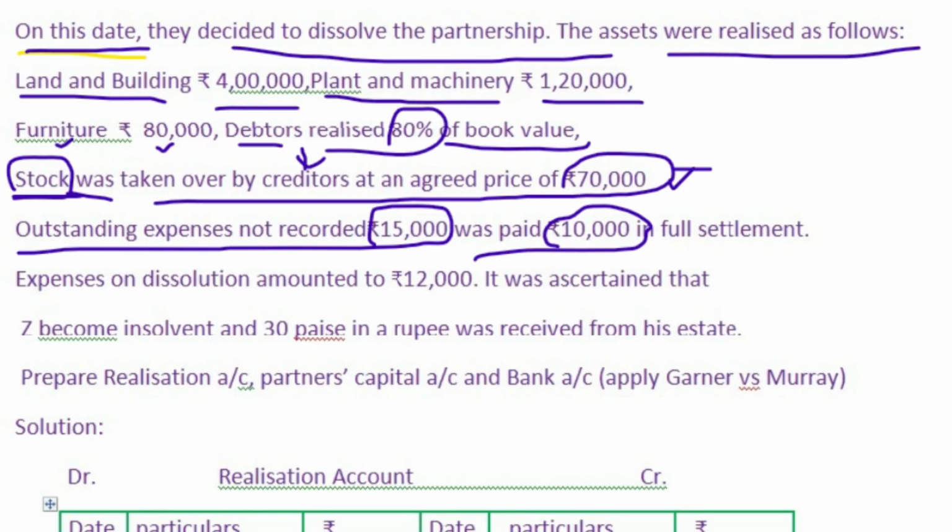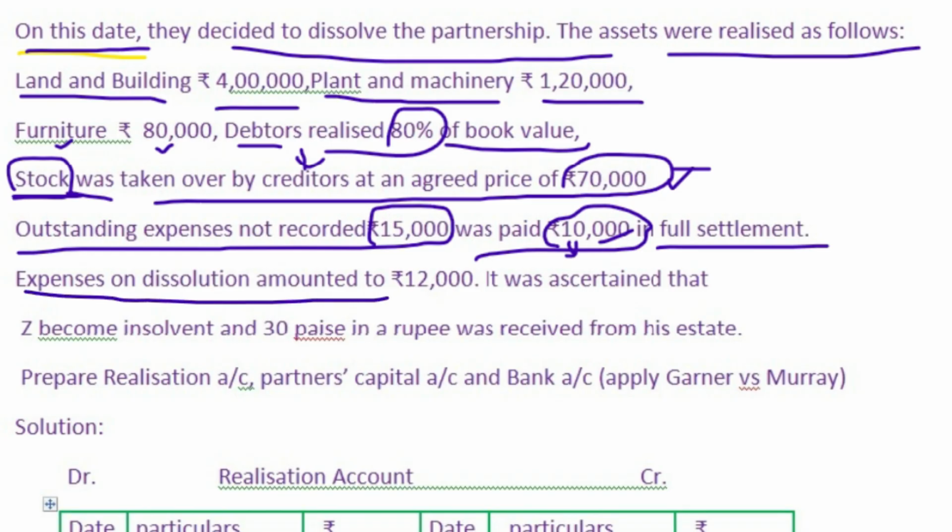One liability of 15,000 was not recorded in the books of account. Later the amount was paid at 10,000 in full settlement, so only 10,000 will be recorded as the transaction value. Expenses on dissolution amounted to rupees 12,000, on the debit side.